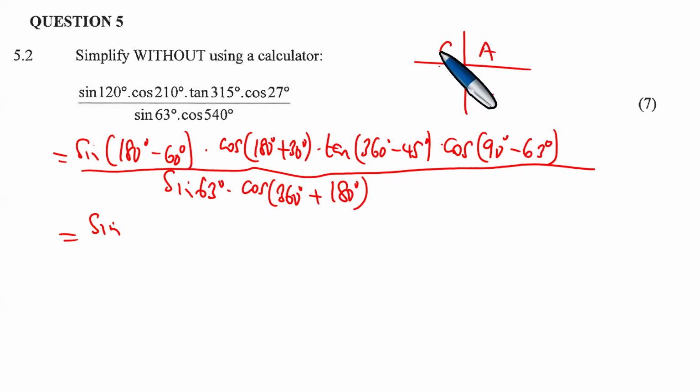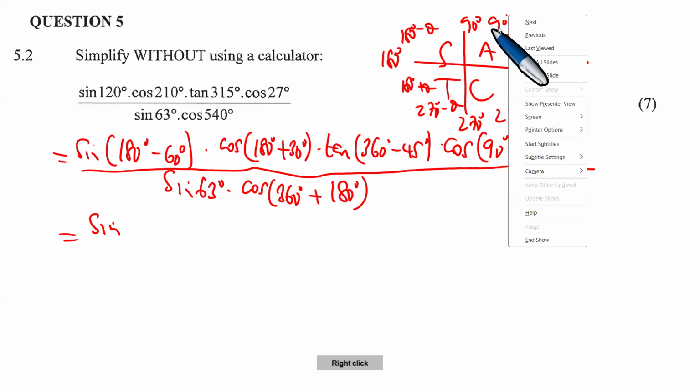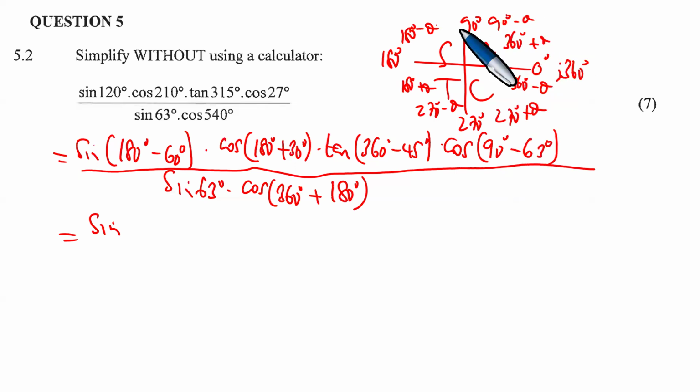The CAST diagram: you have 0 degrees, 90 degrees, 180 degrees, 270 degrees, 360 degrees. Here you have 180 degrees minus theta, 180 degrees plus theta, 270 degrees plus theta, 270 degrees minus theta, 360 degrees minus theta, 360 degrees plus theta, and at 90 degrees you have 90 degrees minus theta and 90 degrees plus theta.